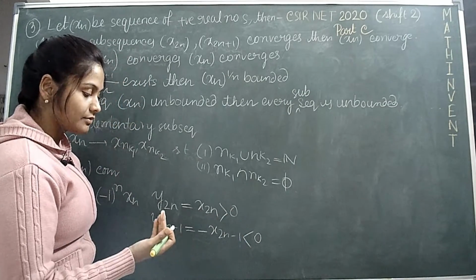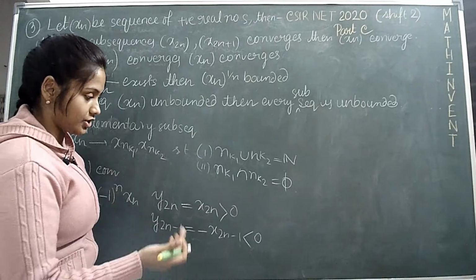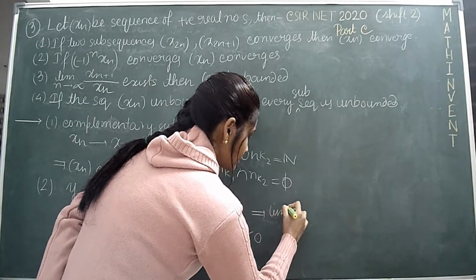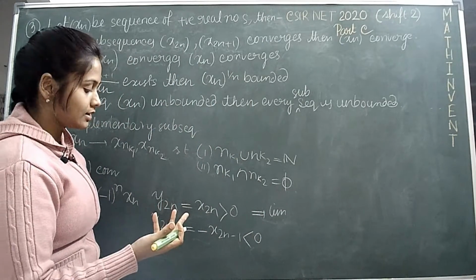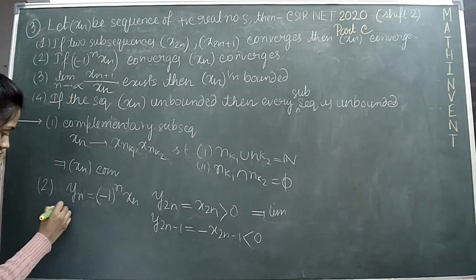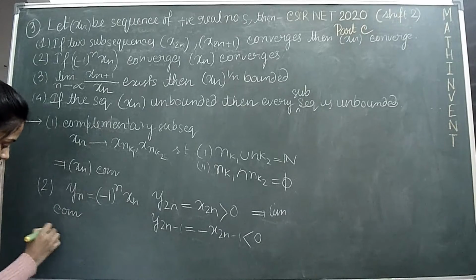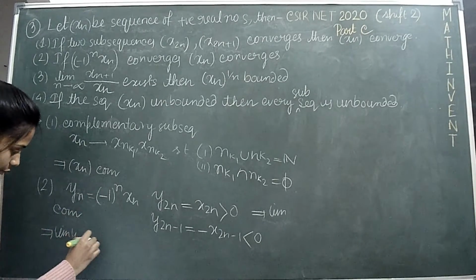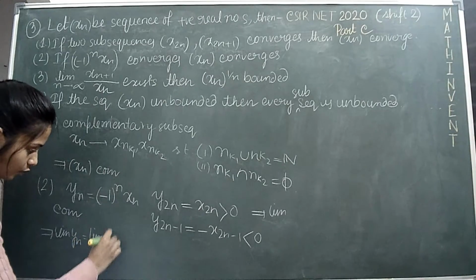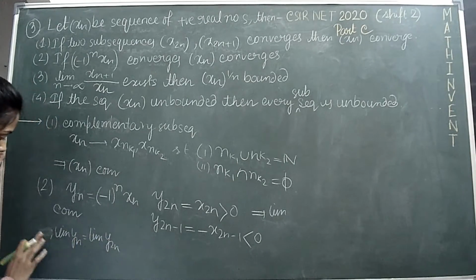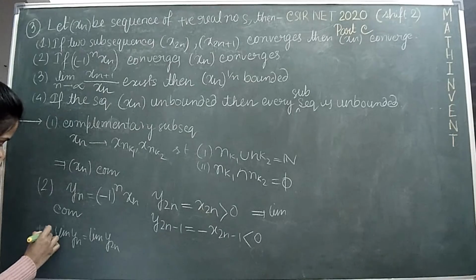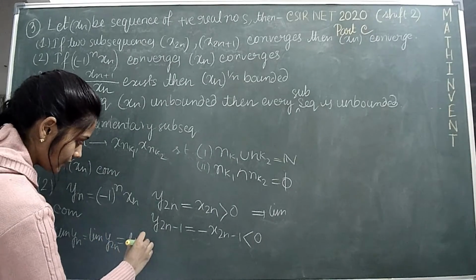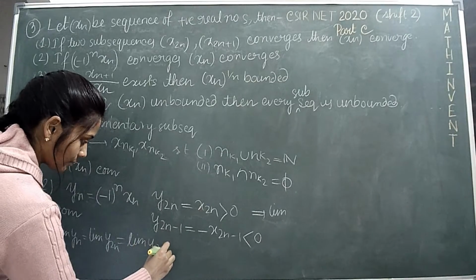Now it is given that yn is convergent, so limit yn exists. So we know that yn converges. This implies limit yn equals limit y2n. Suppose limit yn be y, then limit yn equals limit y2n, equals limit y2n minus 1.